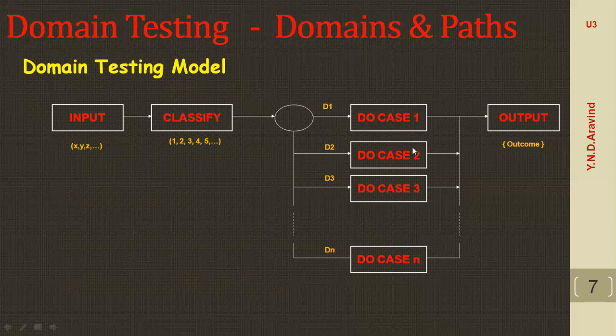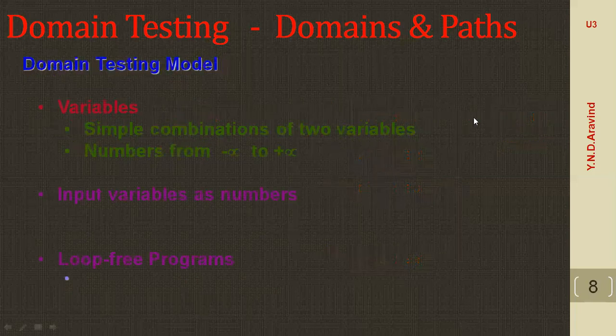And finally, output is received from these cases. For example, consider that all the inputs to a program are numbers. As an example, a character string can be treated as a number by concatenating bits and looking at them as if they were binary integers. So this is the view of domain testing.